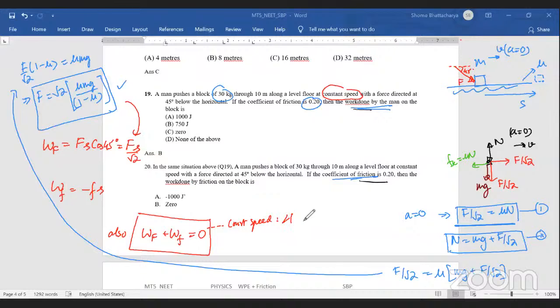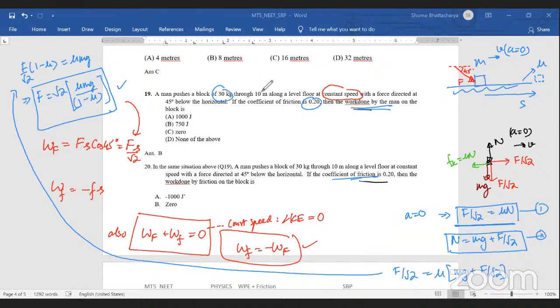So change in kinetic energy is zero, and it's not changing in height, so its potential energy is also not changing. So work done by friction is actually negative of work done by F. That's how you can do this directly.